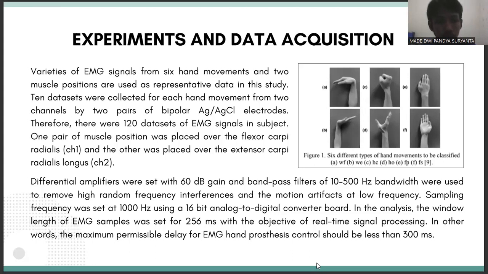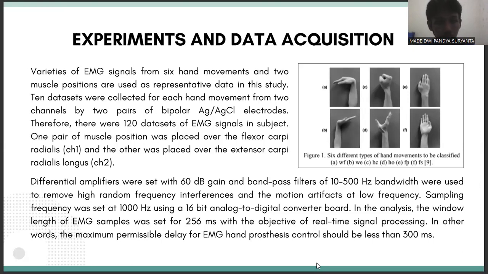One pair of electrodes was placed over the flexor carpi radialis, and the other was placed over the extensor carpi radialis longus. Differential amplifiers were set with 60 dB gain and a bandpass filter of 10 to 500 Hz.